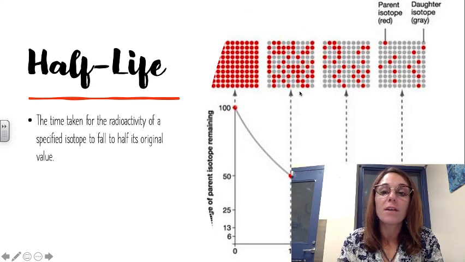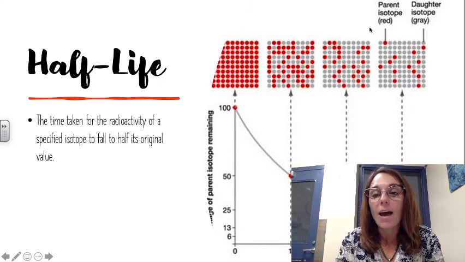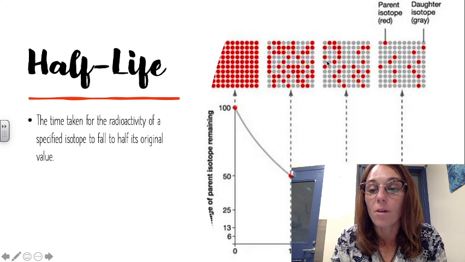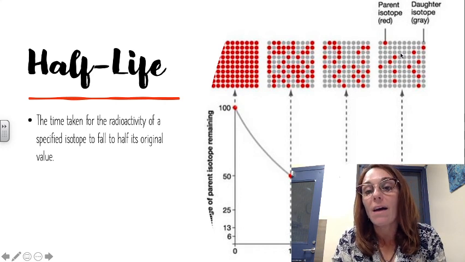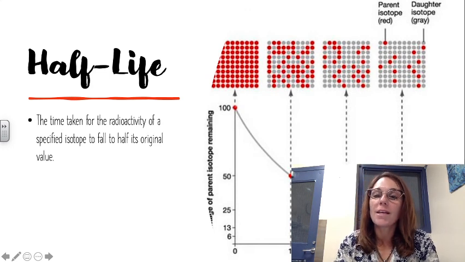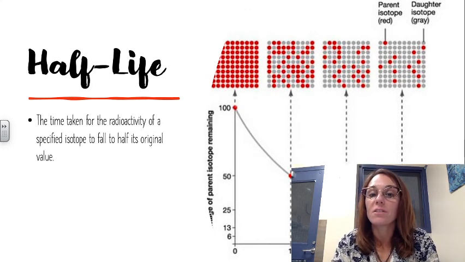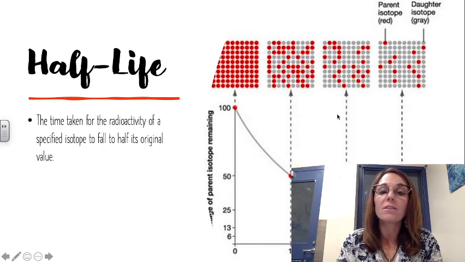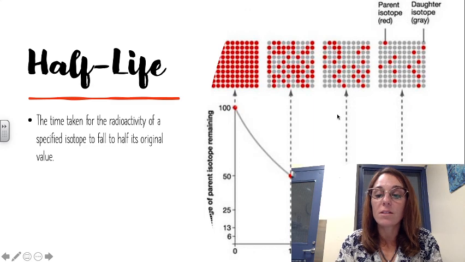So 50% of 50 is now 25. Now, of this remaining 25% of the molecules, we will go through half of that. That's 12.5, and eventually we will get down to something very, very close to zero. This will continue until it goes down to zero. So you'll see even after 4 half-lives, there is still some of that radioactivity present.